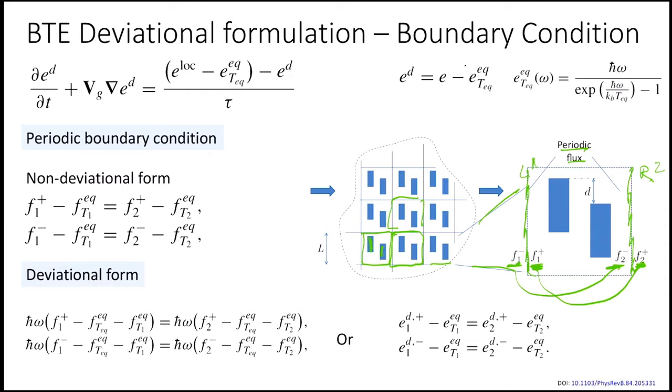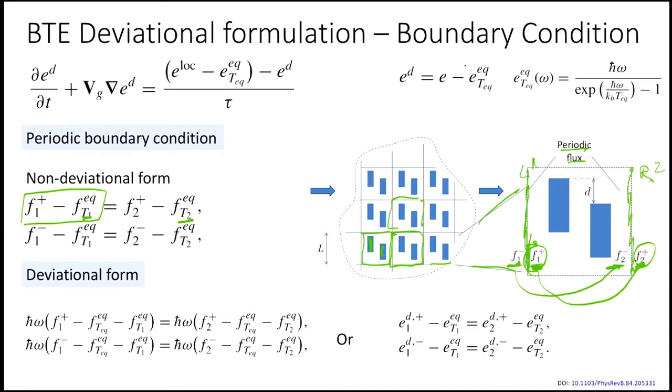So if we write this in a non-deviational formulation, what we are saying is that F1 positive minus the equilibrium distribution at the T1 wall temperature, whatever the distribution just right of this wall is, would be exactly the same as F2 positive minus the equilibrium distribution at temperature T2.